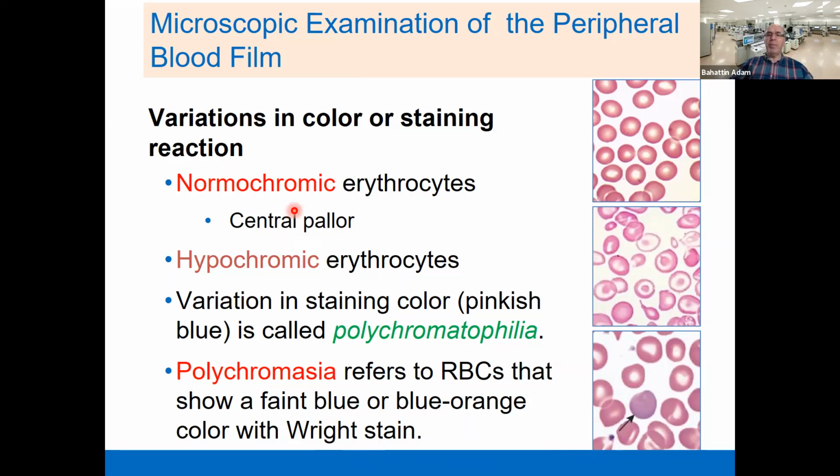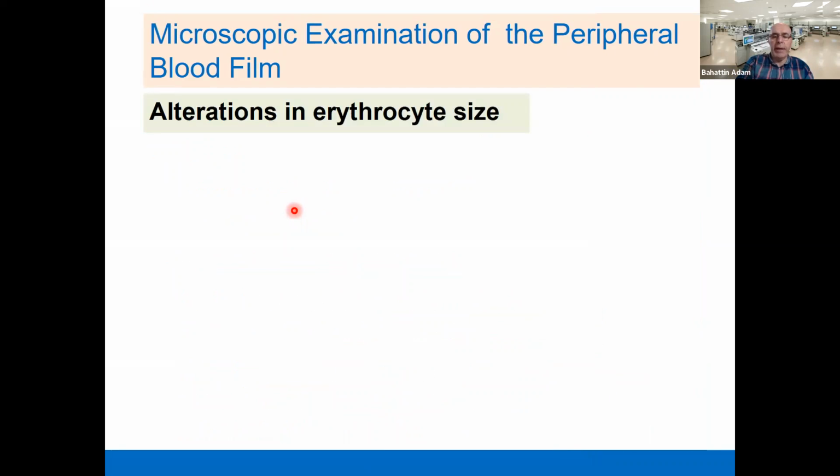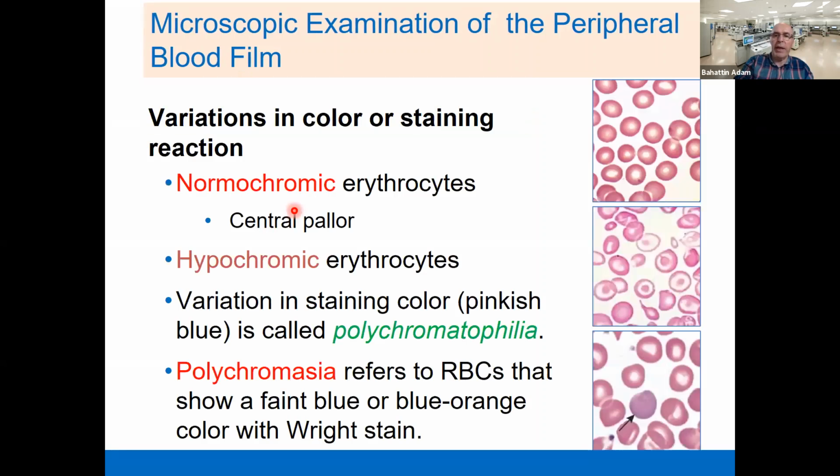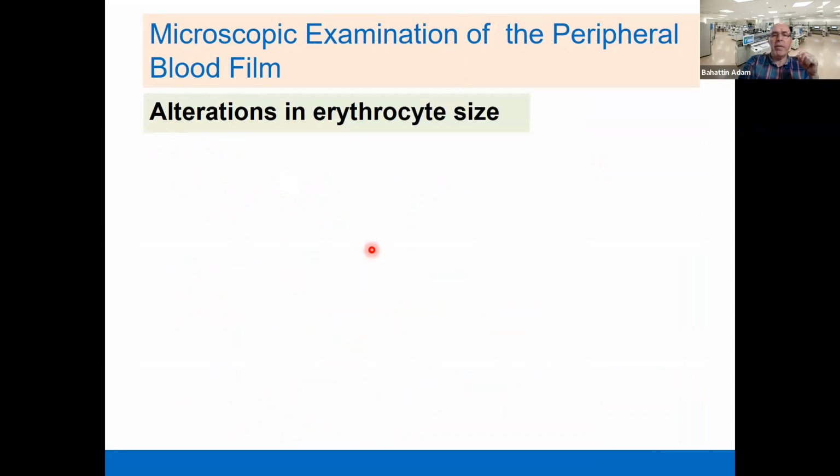Hypochromic, they don't stain enough. I should go back again. Hypochromic and normochromic are about variation in colors. It has a meaning that I'm going to share with you in just a few minutes.